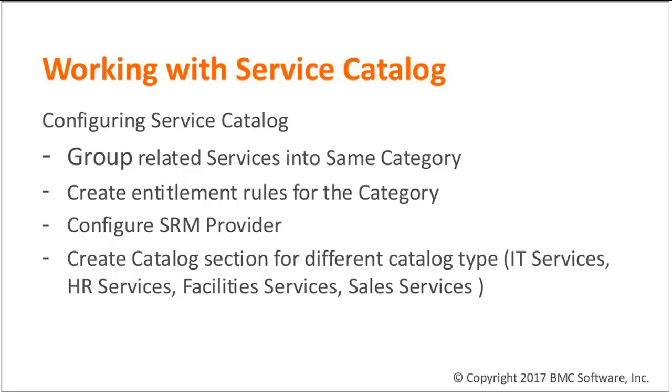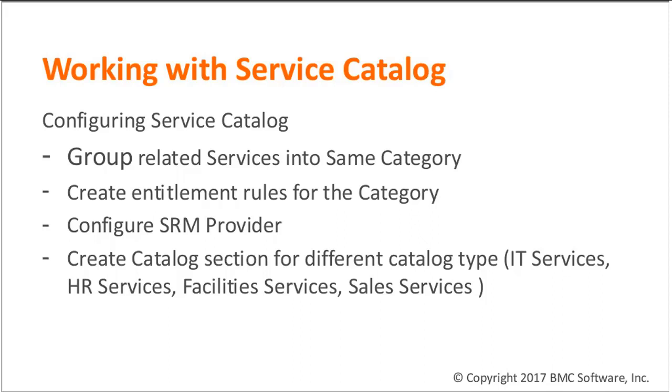What happens is, when you create a catalog section where you bring SRDs from, let's say, 10 or 15 different categories from SRM, and the user views these SRDs from the Digital Workplace client, it's going to take more time to process these different categories and fetch the SRDs.